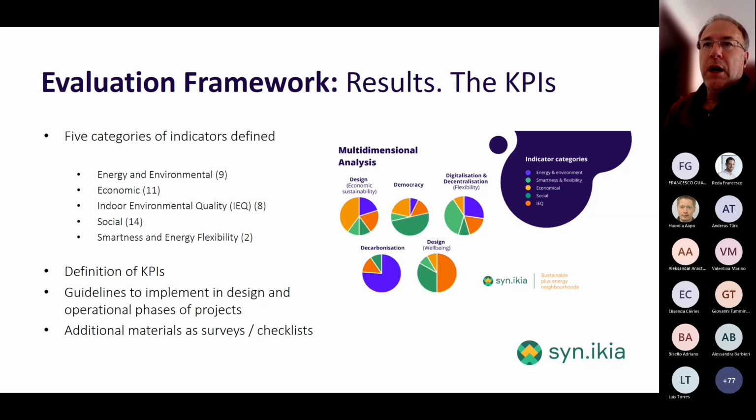We think it is very important that the assessment frameworks and indicators that we will use now and in the future are useful to address the assessment of neighborhoods and positive energy districts, both in the design phase but also in the operational phase of the projects.